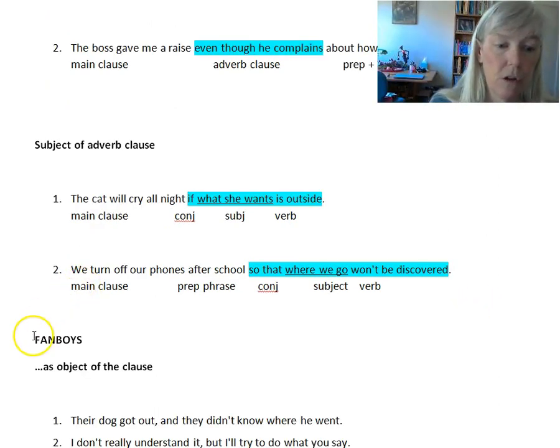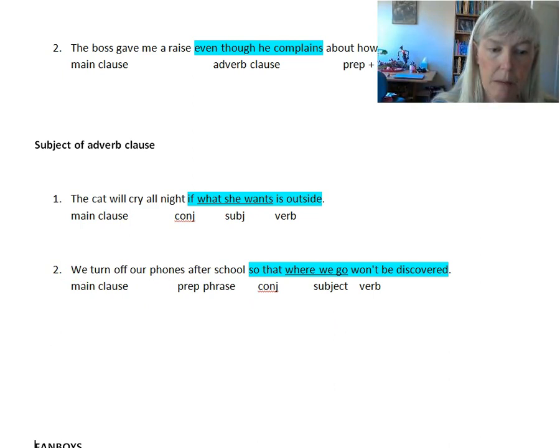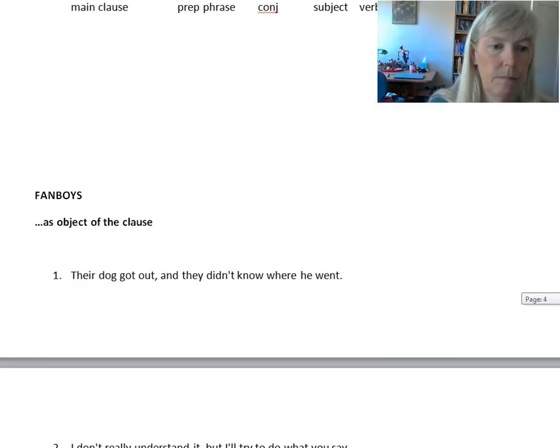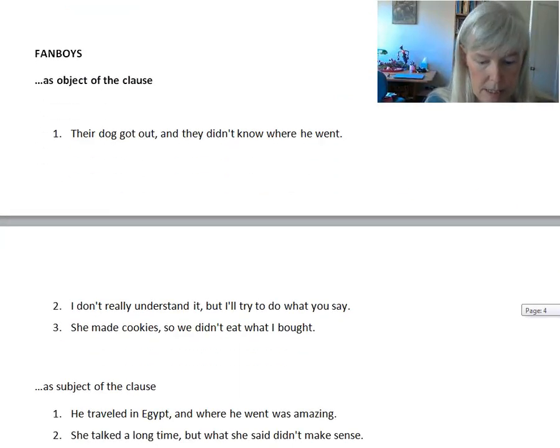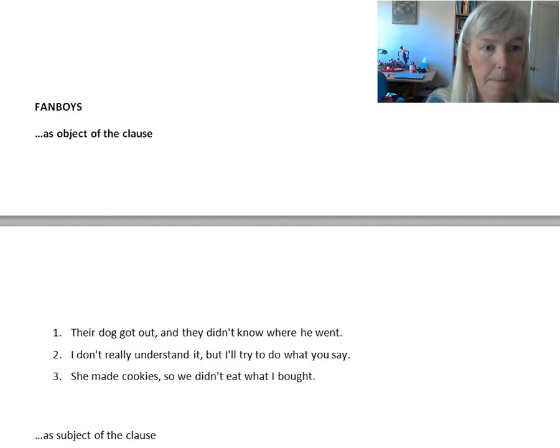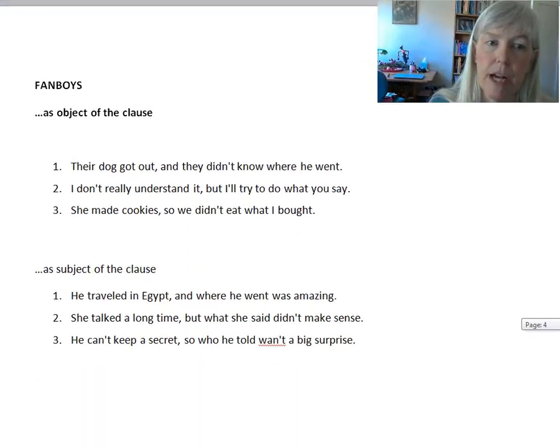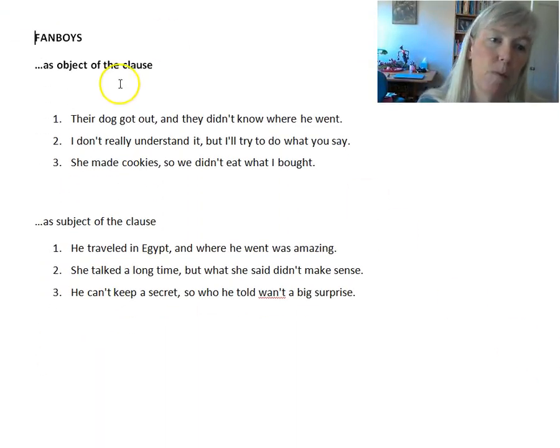We can do this also with FANBOYS, with and, but, or, so. With FANBOYS, we can have it as the subject or the object. So the noun clause as the object of a FANBOYS clause.